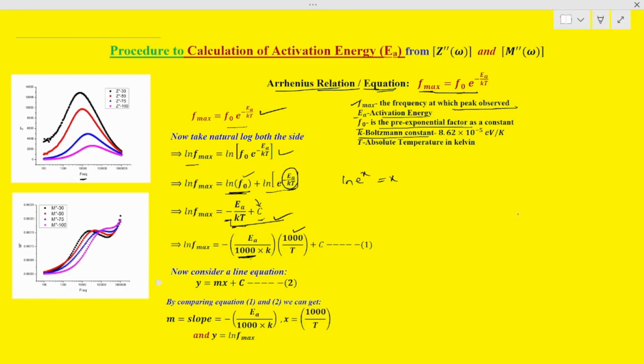Now consider a line equation, y equals mx plus c, the general line equation in our xy plane. Let this be equation number 2. Now just compare equation number 1 and 2.